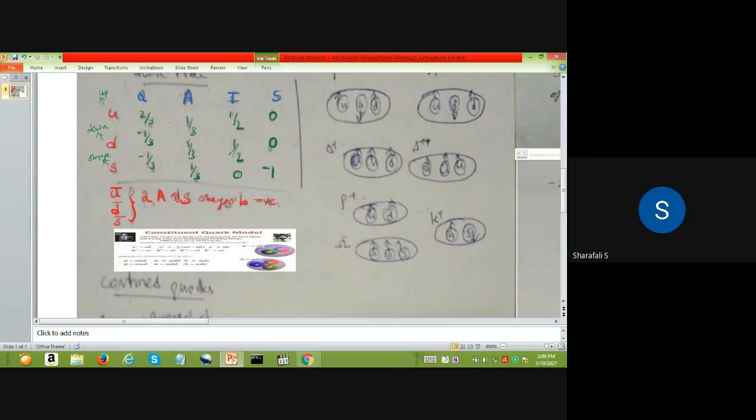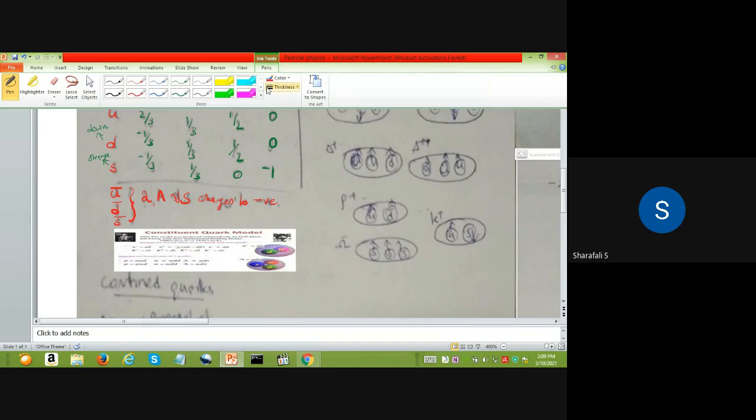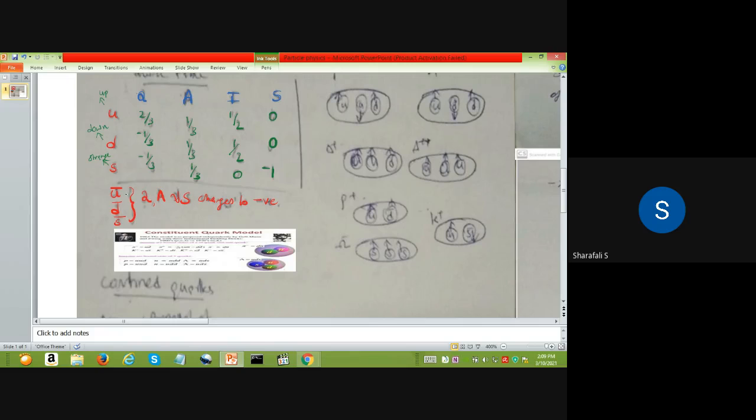For example, the charge for U bar will become -2/3. For D bar it will be 1/3, and for S bar it will be 1/3. So those values will have a different sign.